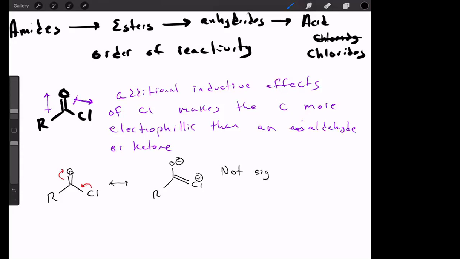In a similar way to what we saw in electrophilic aromatic substitution, which was the reason why, even though chlorines are deactivators, they still were ortho-para directors, the resonance effects in this case for the chlorine don't outweigh the inductive effects. And so this particular structure is not significant.